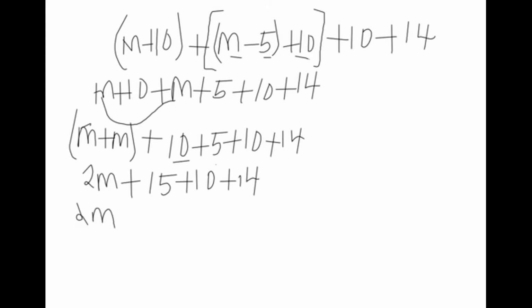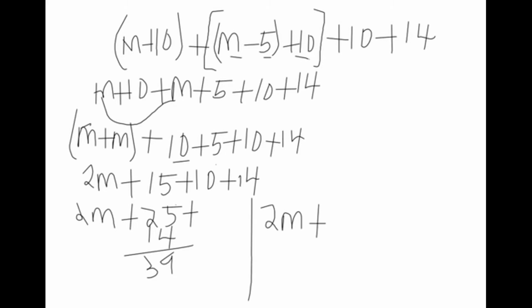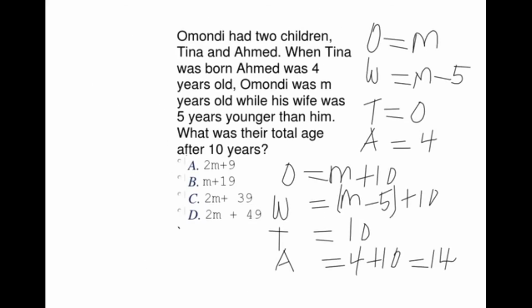So 2M plus 15 plus 10 is 25 plus 14 is 39. So we have 2M plus 39. That is their total age in 10 years to come.